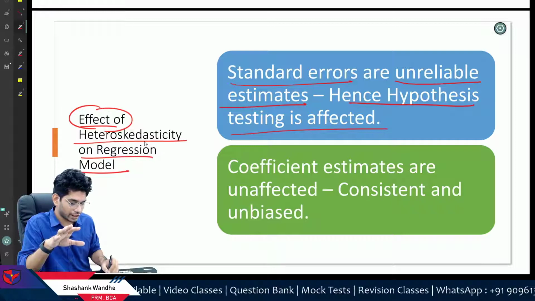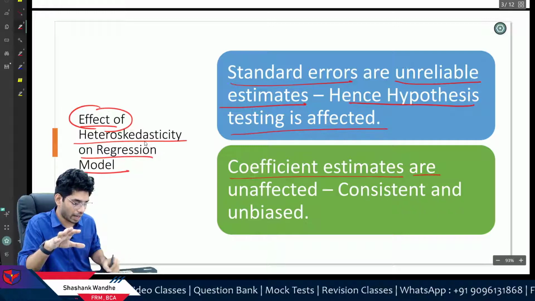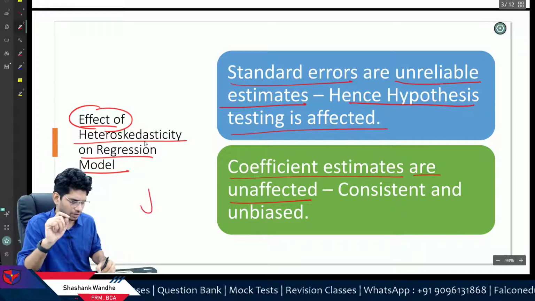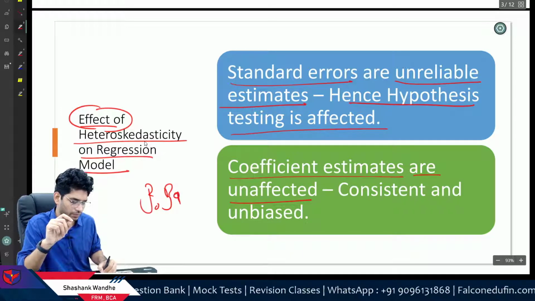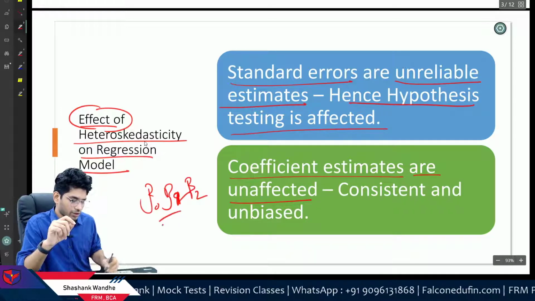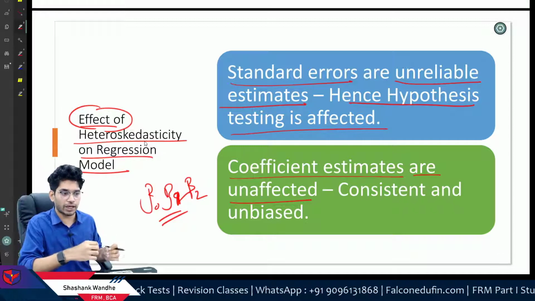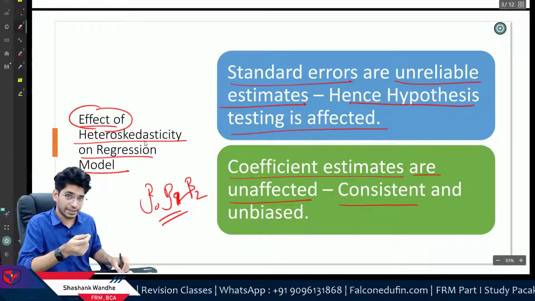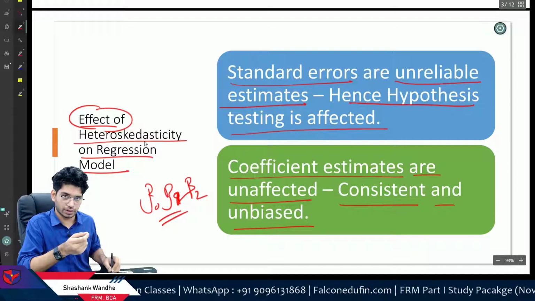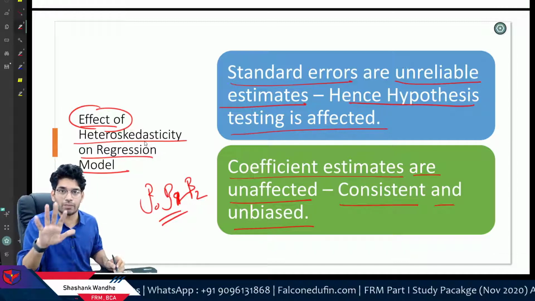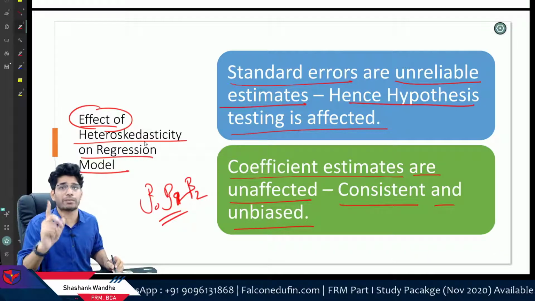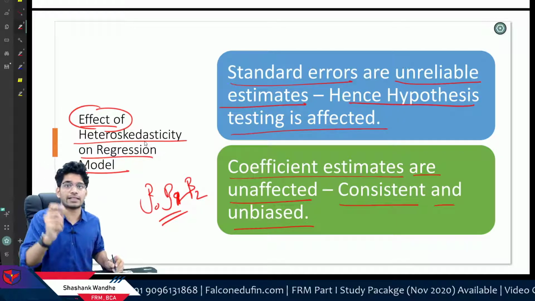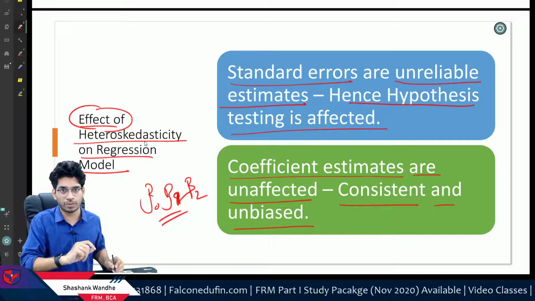And the next part is that the coefficient estimates are unaffected. Coefficient estimates are your beta 0, beta 1 and so on. Okay, so these estimates are fine. We can go ahead with the estimate. These are consistent and unbiased. So we don't have any problem with our model. You have to always remember this, that heteroskedasticity itself is not the problem for your regression model.